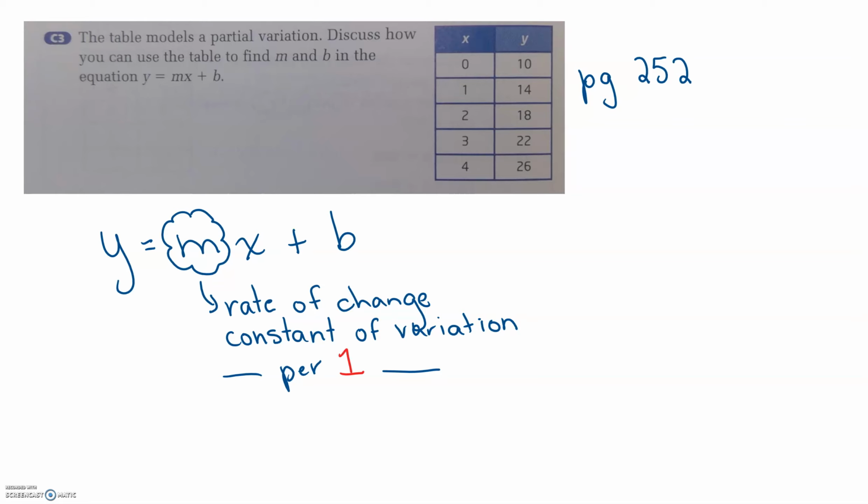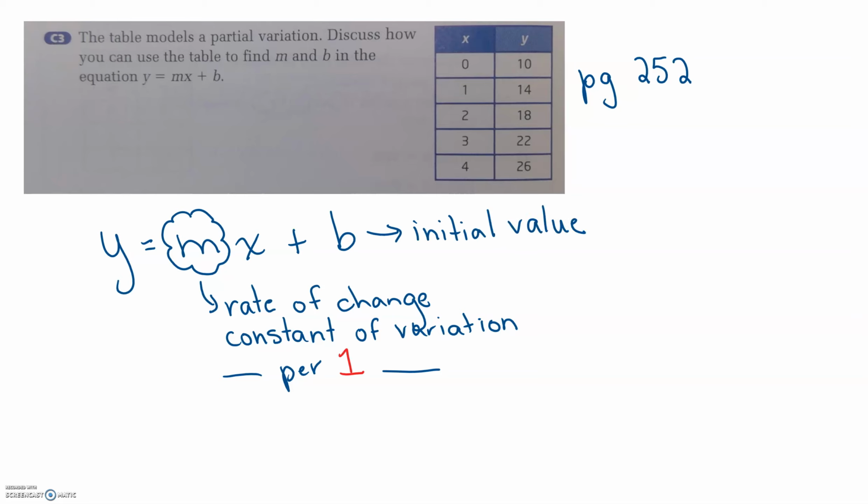The plus b is just any additional values. So it could be an additional cost. It could be anything that's additional and that doesn't say it's something per something. That's what b is. So what we call that is an initial value, okay?